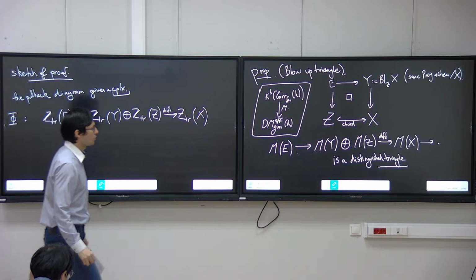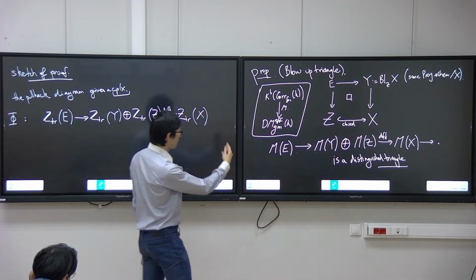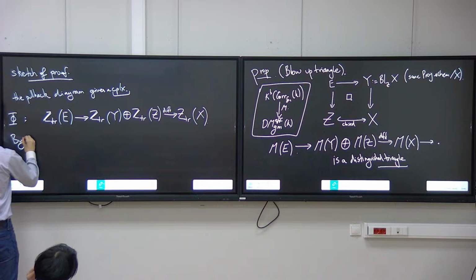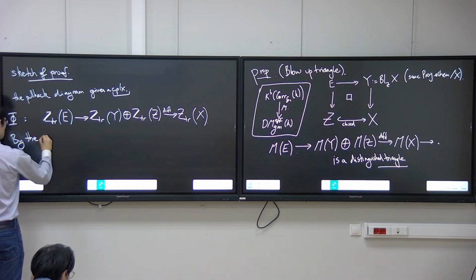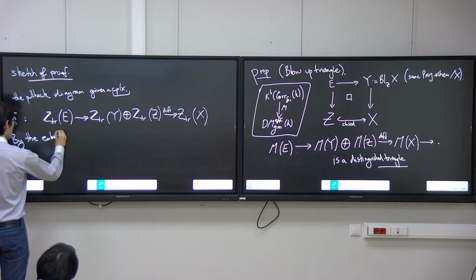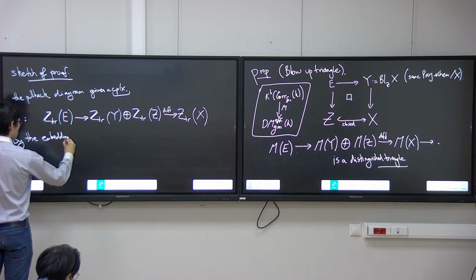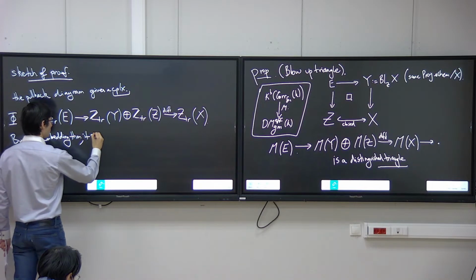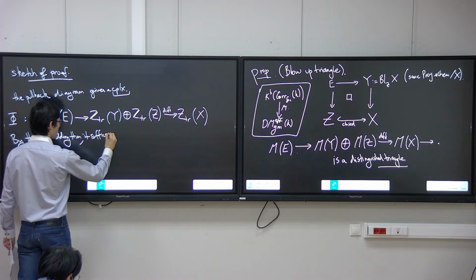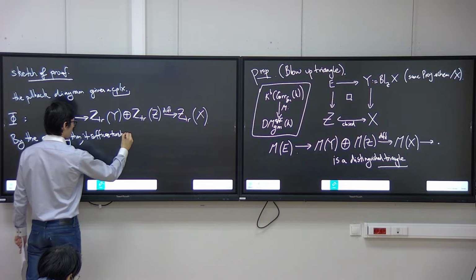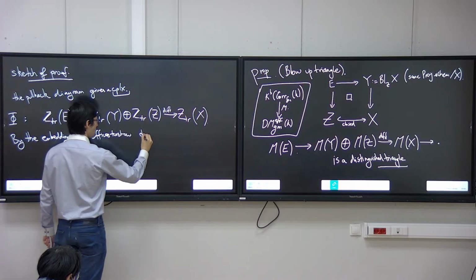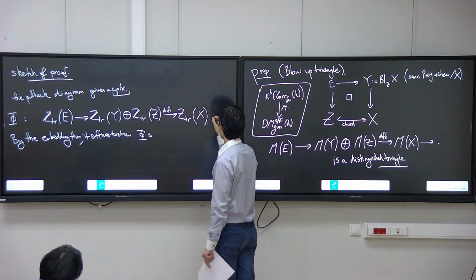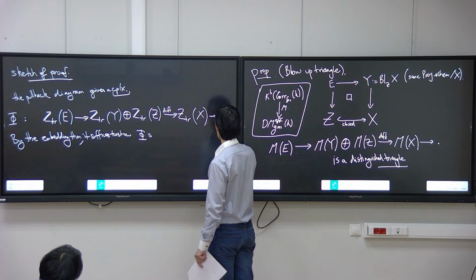So to show the proposition that I get a distinguished triangle, by the embedding theorem, it suffices to show phi is a short exact sequence. Well, maybe if I extend to 0 here.